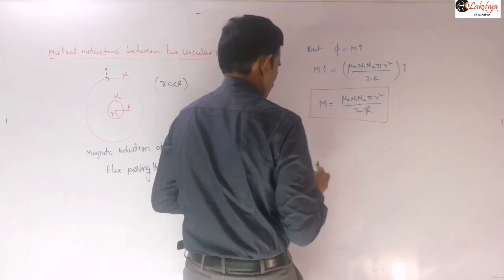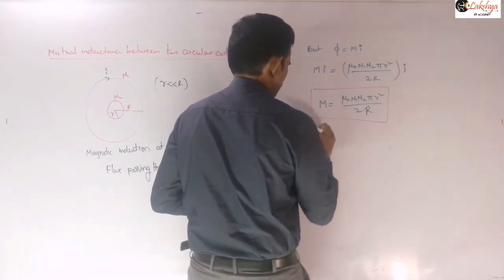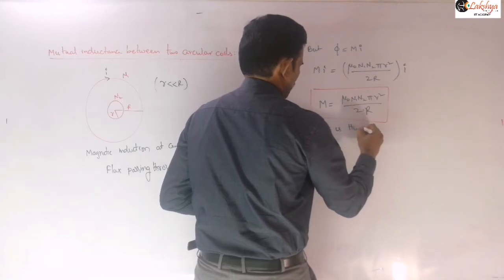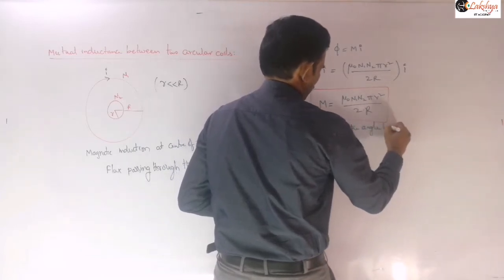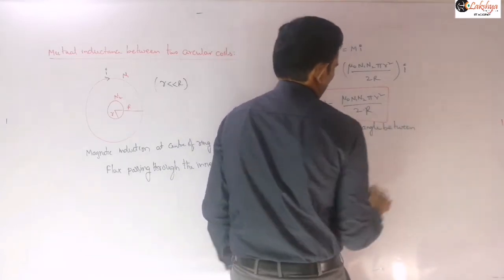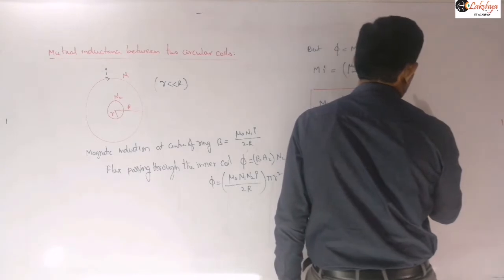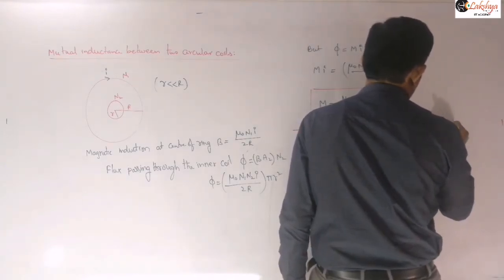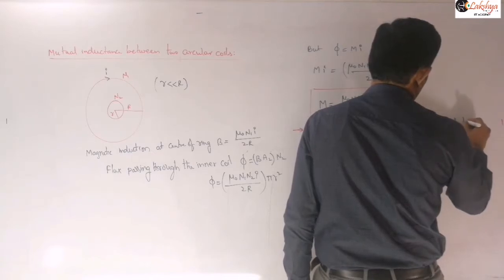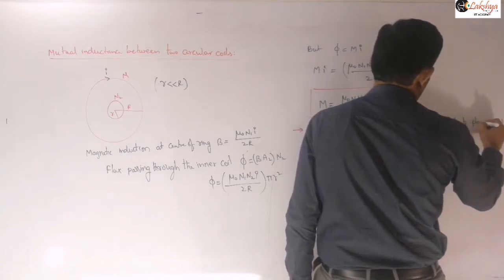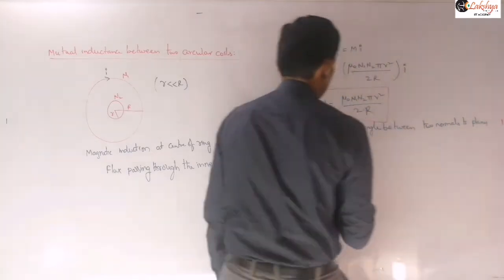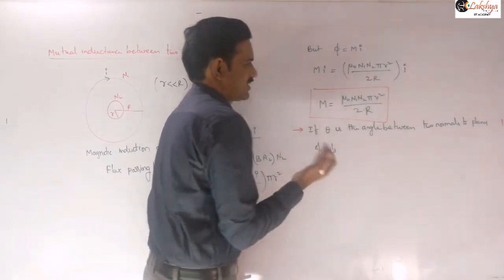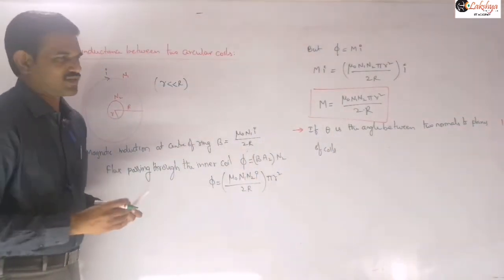If theta is the angle between two normals to the plane of coils, or you can consider that as the angle between the two planes also, you will get the same.